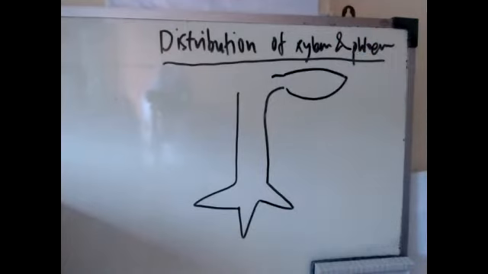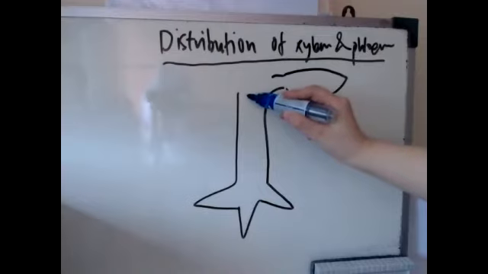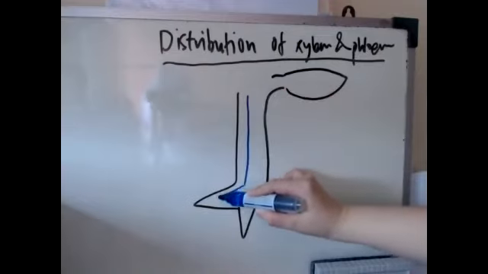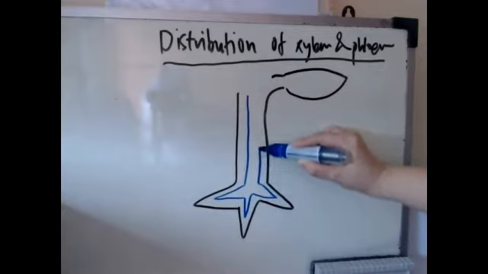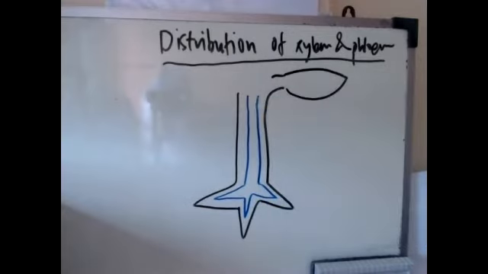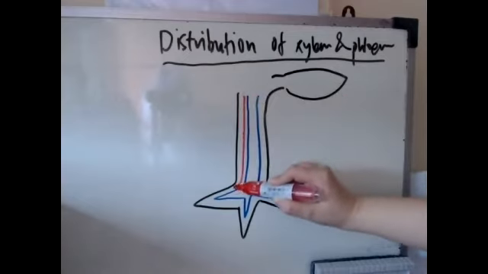And then I will represent xylem with blue lines. Xylem. And I will represent phloem in red line. Phloem.